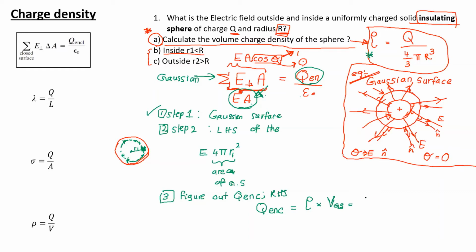So what do we get? Rho is given by Q over 4 over 3 pi R cubed. This rho, right? From here. And what is the volume of your Gaussian surface? It is 4 over 3 pi R1 cubed.